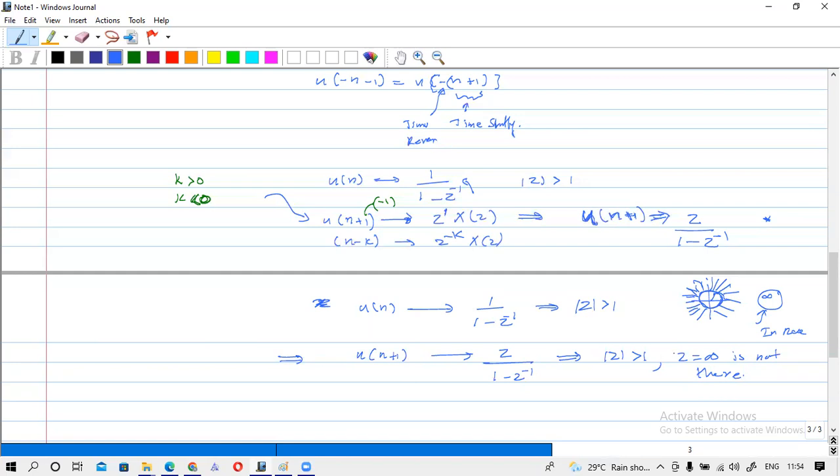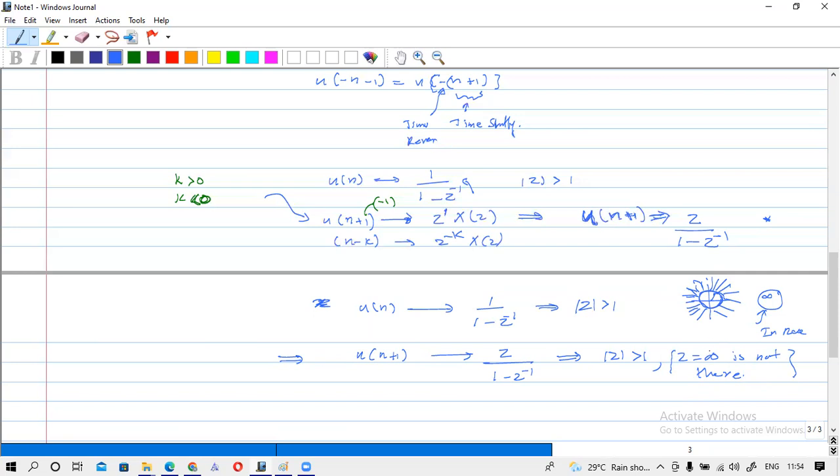So this statement I get from the property definition. I think we understand how this happened using the unit step function.